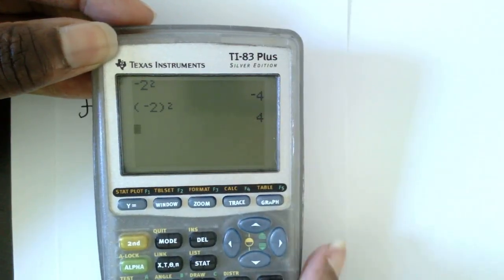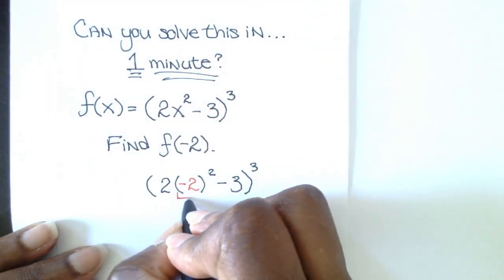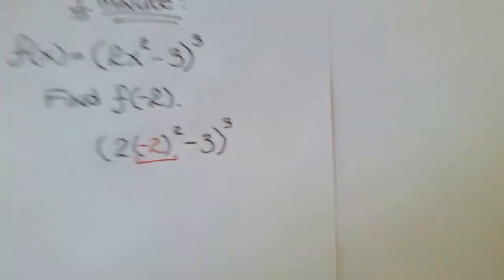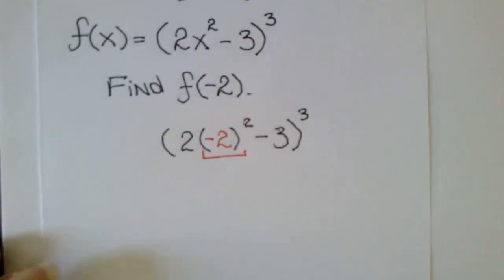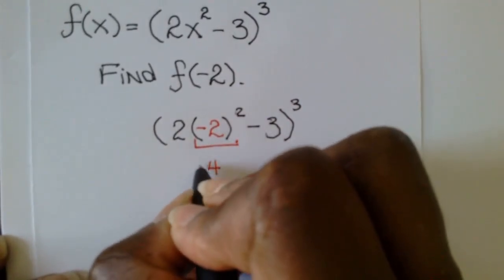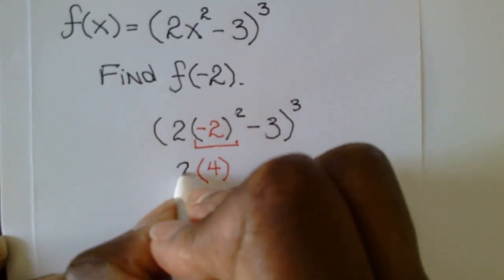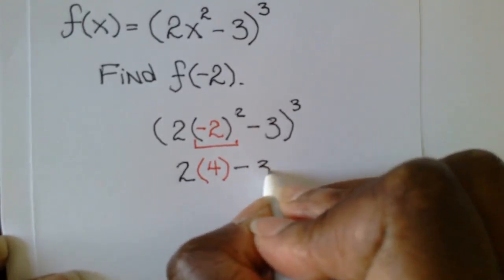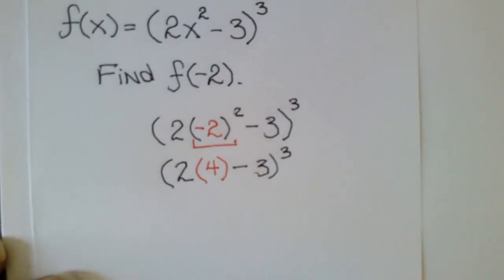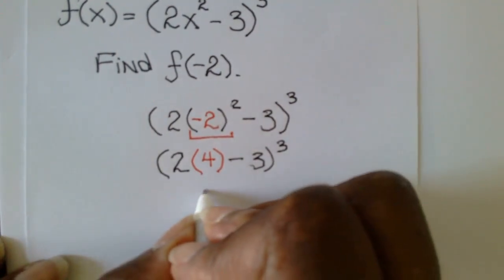Because we have to do PEMDAS, we always do inside the parentheses first. So then we have our 4, and this 4 is being multiplied by this 2. So 2 times 4 gives us 8.